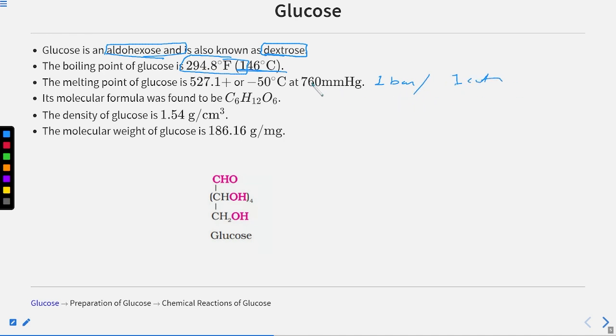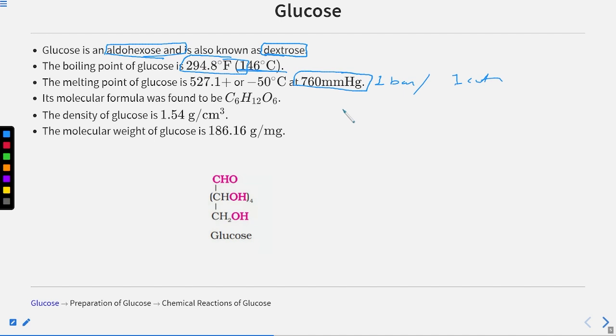So why is this pressure written? The reason behind the pressure mentioning is that, because you must have seen that if we have a different pressure, then the melting point of the substance changes. Right? What is the reason behind it? The reason behind it is the colligative property. You must have heard the definition that the melting point depends upon the vapor pressure.